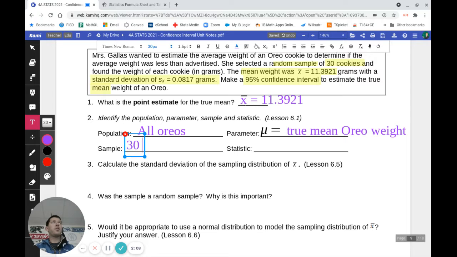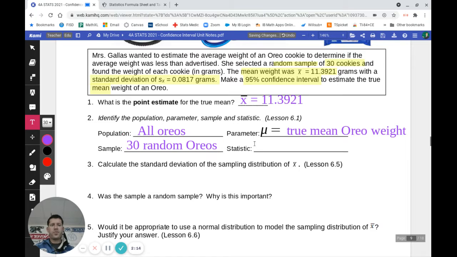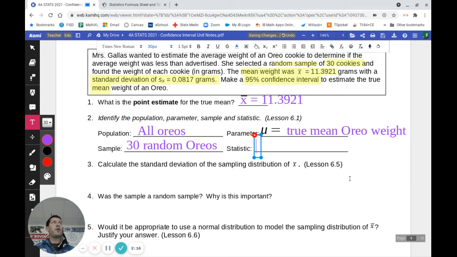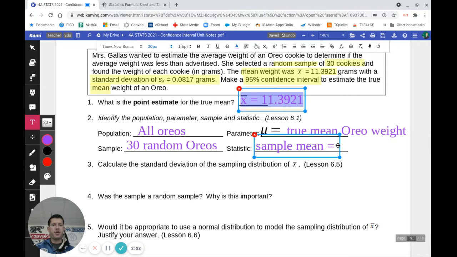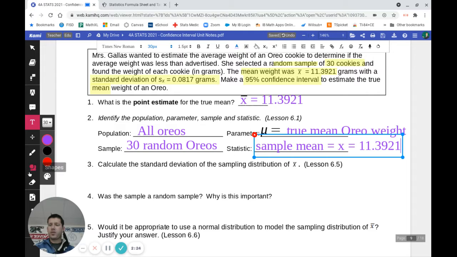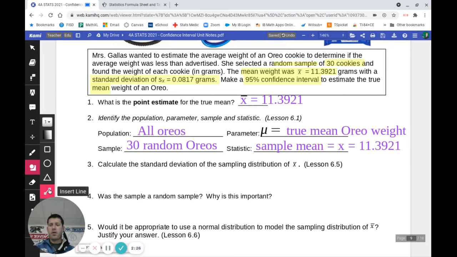Our sample is the 30 randomly selected Oreos that Ms. Gallus found. And our statistic is our sample mean, that x bar up here. We can just copy and paste that down and make sure we have the bar on top of our x.